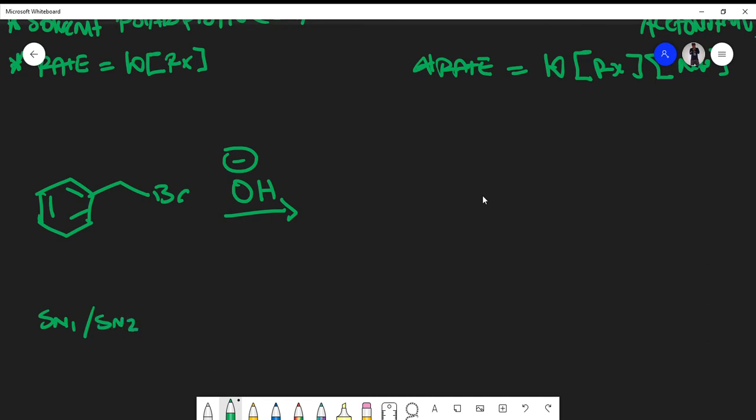Well, the first thing I'm going to do is look at the carbon that contains the alkyl halide. I'm really looking at a primary alkyl halide. So that's number one, and that's leading towards an Sn2 reaction. And the nucleophile is strong. I see a charge.